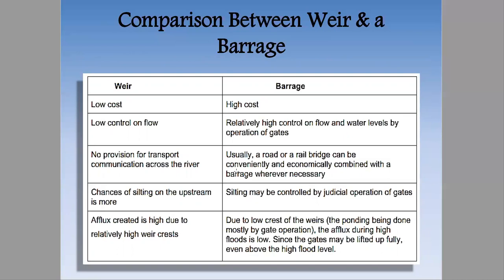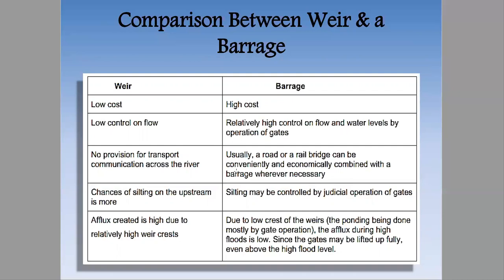Low control on flow, yes, of course, there is less control in water regulation or discharge in the case of a weir because we don't have gates to regulate the flow. But in a barrage, there is relatively high control on flow and water levels by operation of gates. Yes, we do have control with the gates.